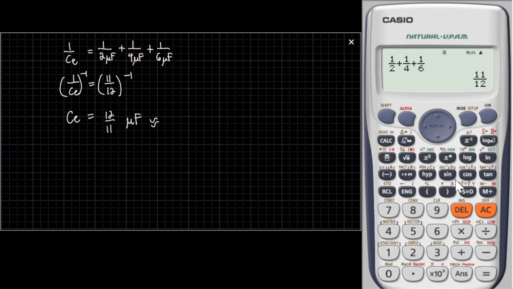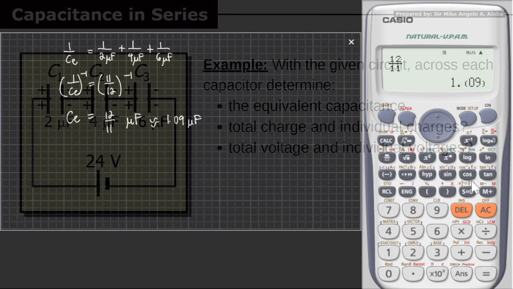Or that is approximately equal to, so we invert 12 over 11, that is just equal to 1.09. So approximately 1.09 microfarad.